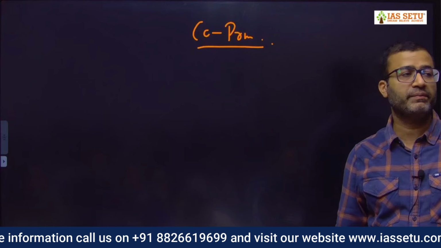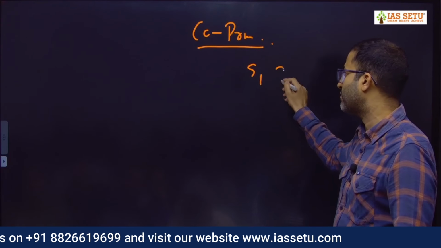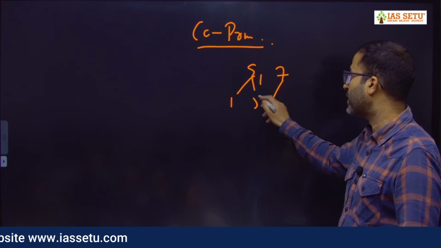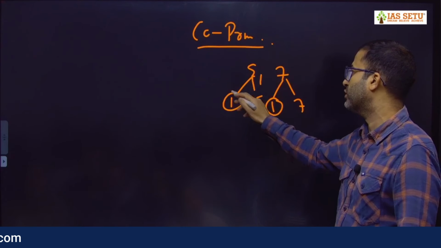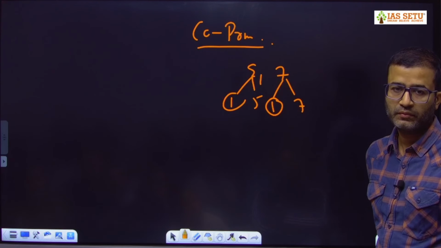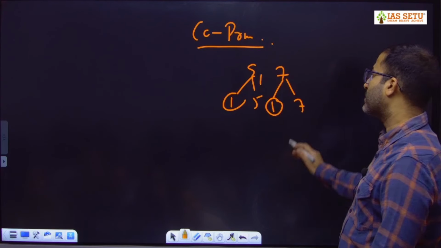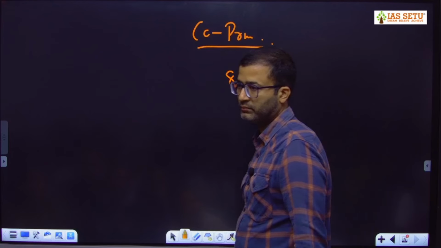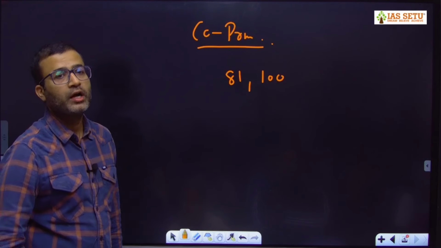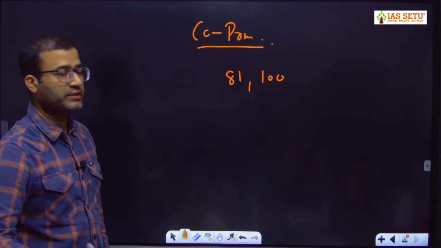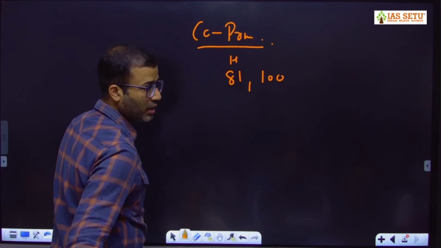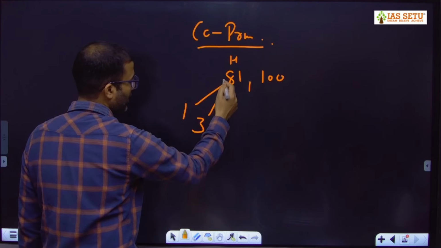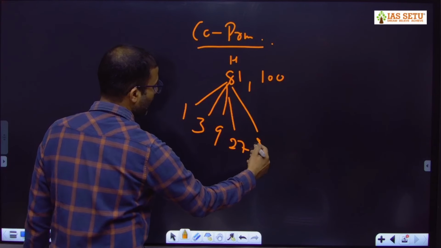One couple is like a committed couple, like 5 and 7. See here, they have one common relationship and they love themselves. So they have only one common relationship here. But it can be a couple like 81 and 100. And I take factors like relationships. This is the husband, having a relationship with 1, with 3, with 9, with 27, with 81.